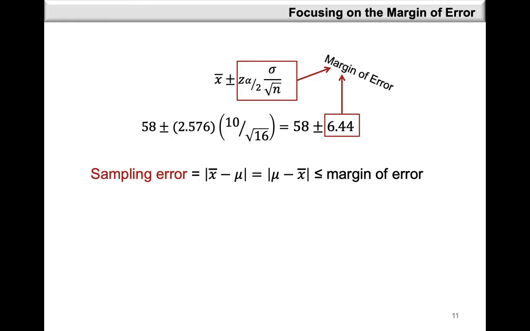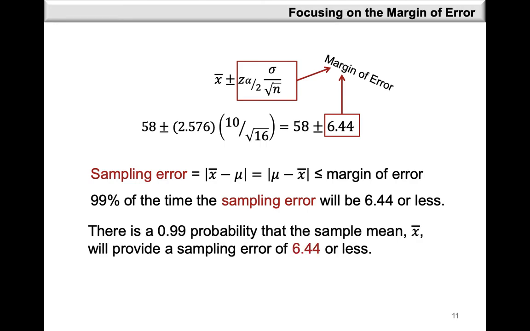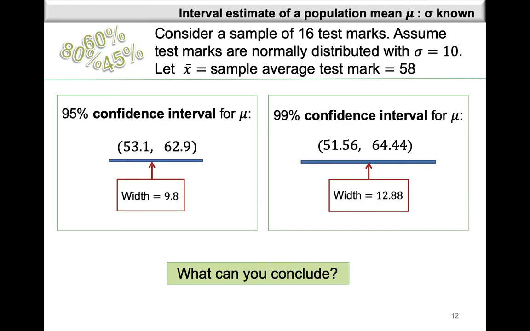So our sampling error, which is the absolute difference between x bar and mu, will also be at most equal to the margin of error. So 99% of the time, the sampling error will be 6.44 or less. And this is the same as saying the probability that the sample mean x bar will provide a sampling error of 6.44 or less will be equal to 0.99.